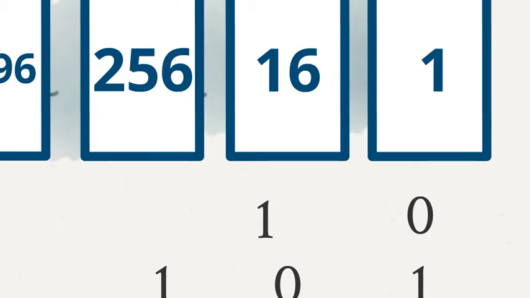On the right hand side, the 1 would represent 1. 0 16s would obviously represent no 16s, and 1 256 would be a number there again. So we've got 256 plus no 16s plus 1 at the end equals 257. So 101 in hexadecimal in denary would be 257.